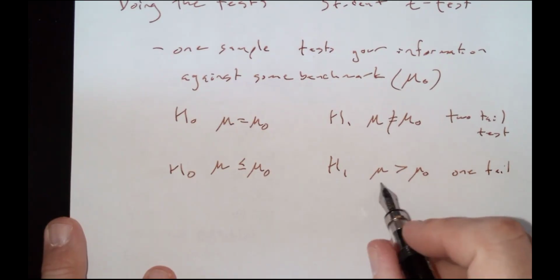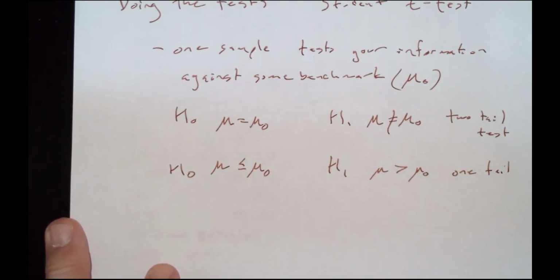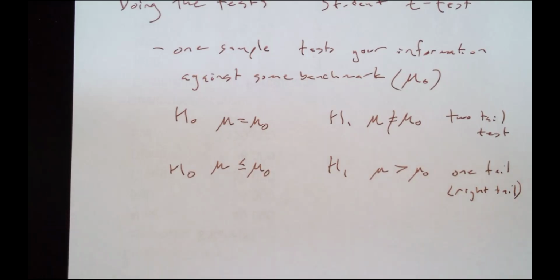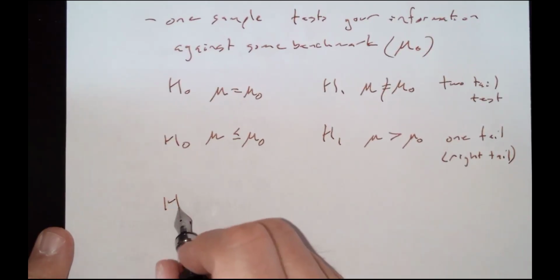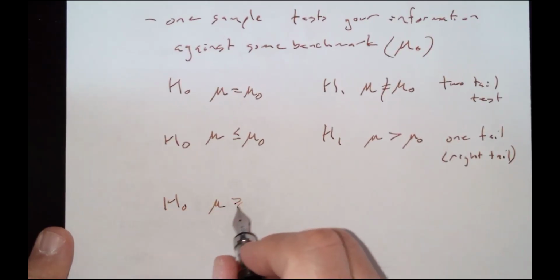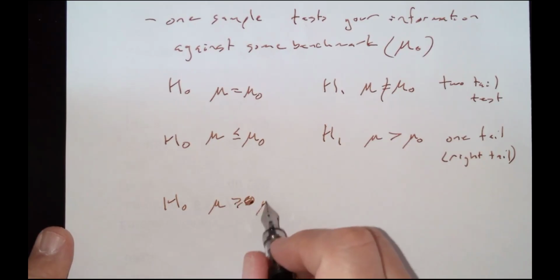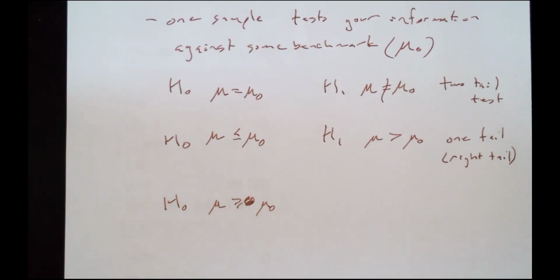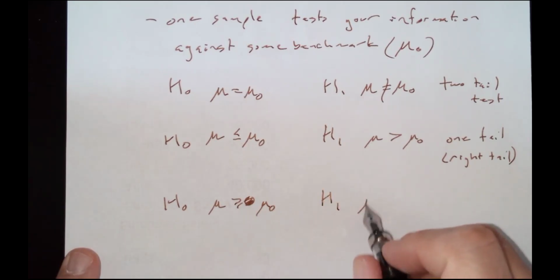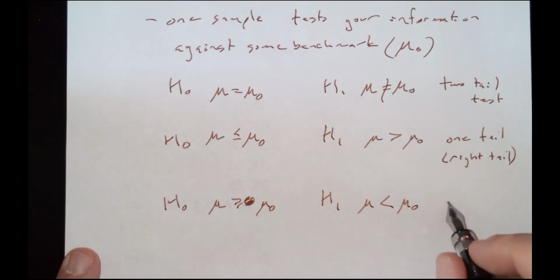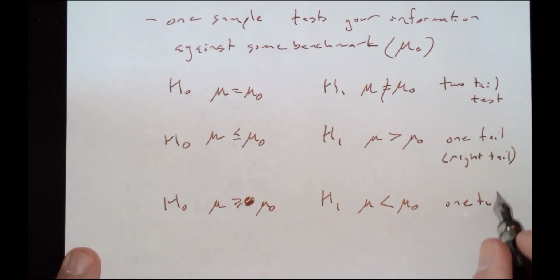As a matter of fact, because we are looking for large values, this is a right tail. If my null hypothesis says, oh, well, it's bigger than or equal to what I was looking for, my alternate will be less than. This is also a 1-tail, and it's a left tail.